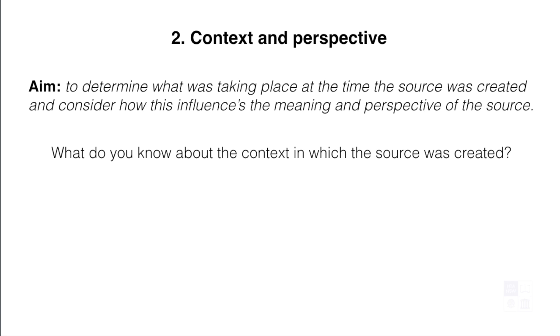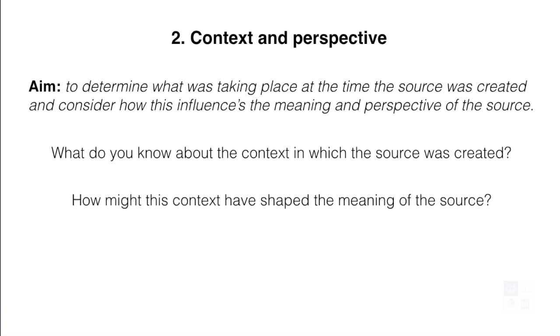Let's go back to, again, the photograph example. There might be an annotation that comes along with it saying that the photograph was created in 1934 in Berlin, for example, in Germany. Well, what do we know about what was taking place at that time? And does that actually help us think about what the source might be, what the source might mean, and also what the perspective might be?